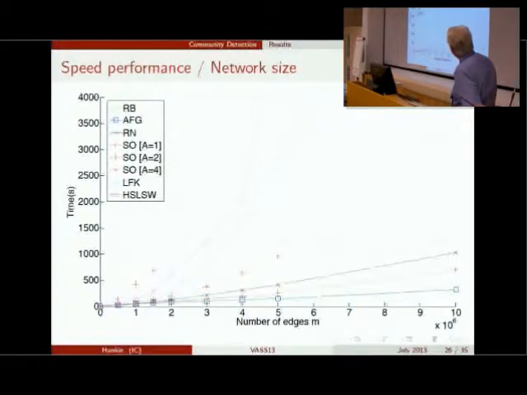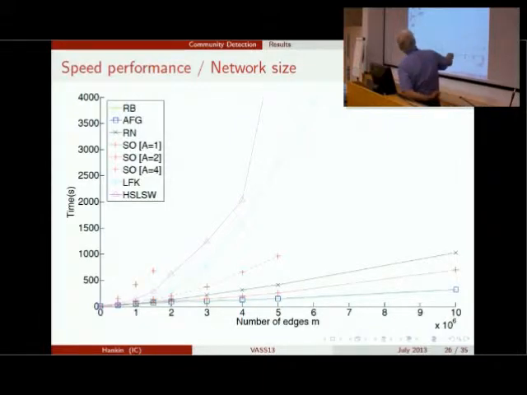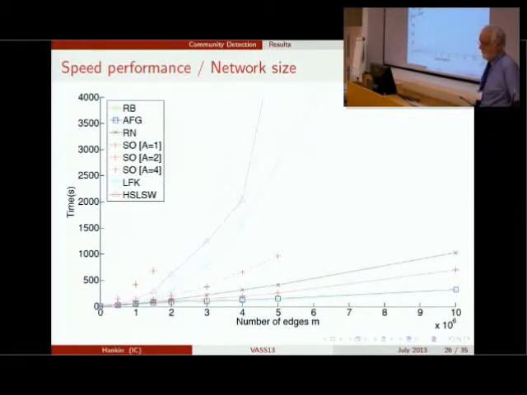You can't see the green very well, but it's here, and the purple is here. The two local checks actually become exponential as the number of edges goes up, which is a bit disappointing. The others basically increase linearly.